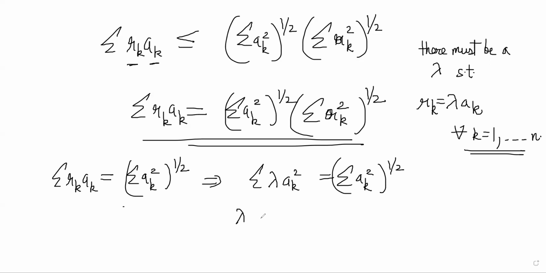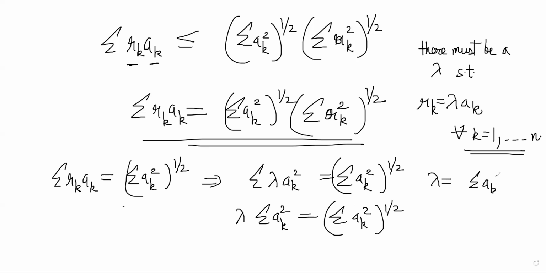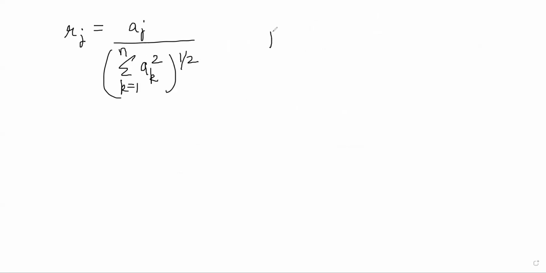So lambda comes outside, and this implies that lambda is equal to summation of ak square power minus half, right? So basically, what this tells us is that each of the r's, rj, must be equal to aj by summation of k goes from 1 to n ak square power half, right? And j can vary from 1 to n.